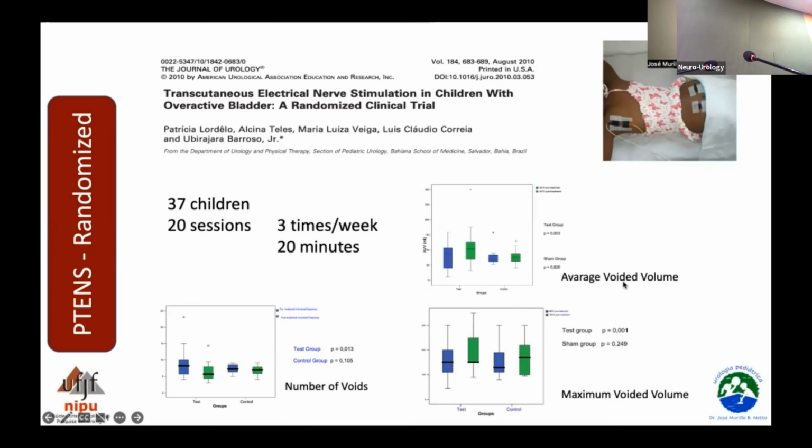The average voided volume also increased, as well as the maximum voided volume. So they showed that the group that was stimulated in the parasacral region did better than the group that was stimulated in the scapular region, as you can see in the picture, which is a sham group or a placebo TENS, as we say.